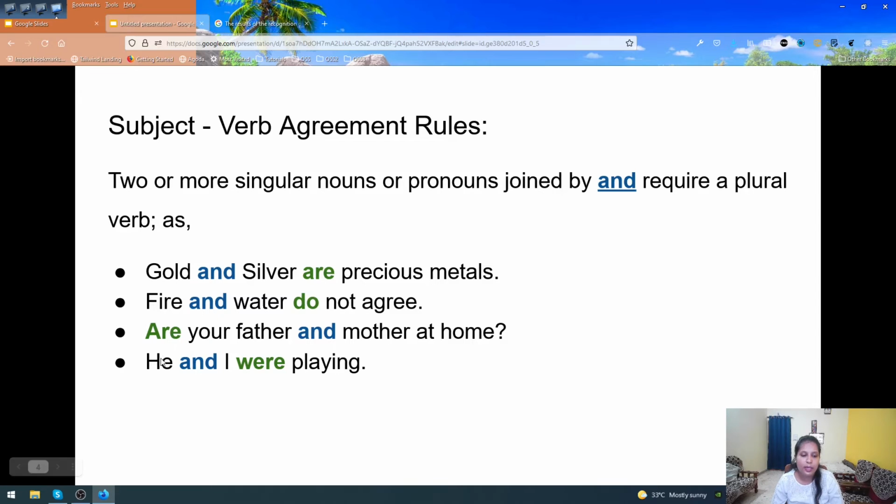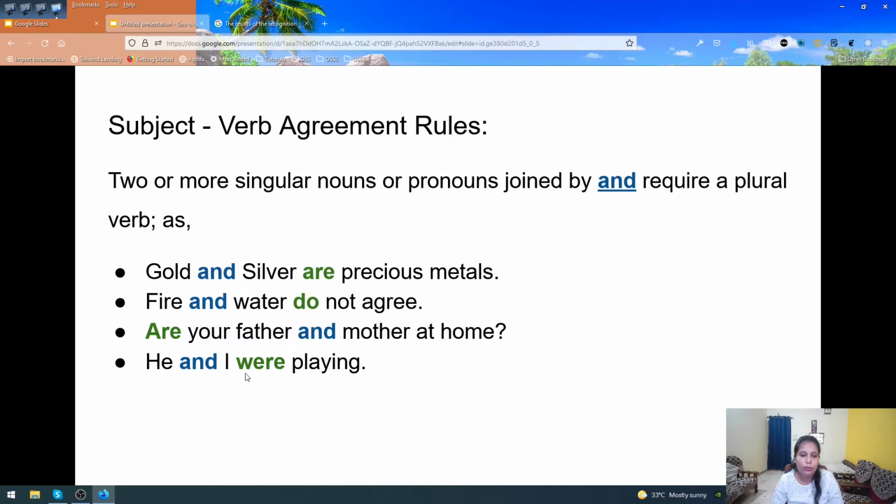In the same way, he and I, both of these are singular nouns, he and I. He and I are singular, and these are connected by this word and. So here can you see W-E-R-E, verb. This is a plural verb.